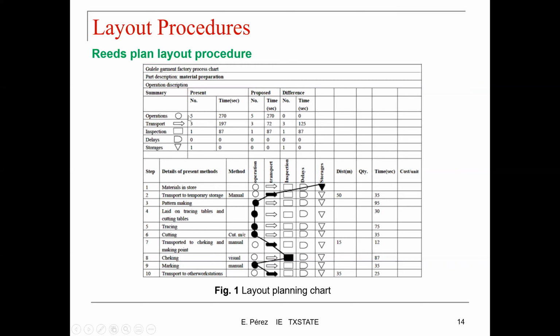In this summary, you have additional information, the number and the time in terms of seconds. This is the current layout, and this is the proposed layout, and it shows the difference between them here.